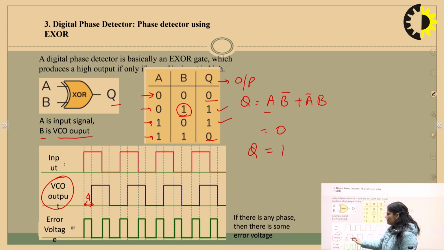So this is the shifted VCO output. Now the error is this much. If we take the difference of the input signal and the VCO output, this is the error voltage which is produced when we compare the output frequency and the input frequency in the PLL. So this is the application of PLL, that is, the phase detector using an XOR gate.